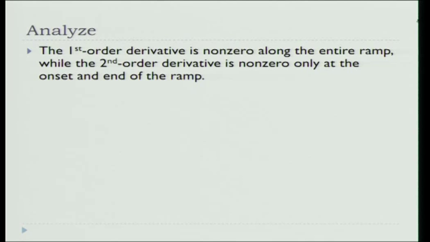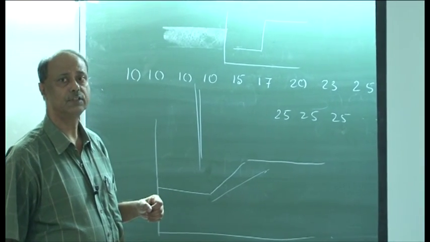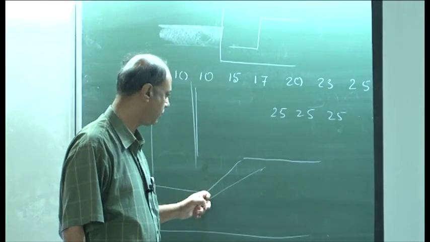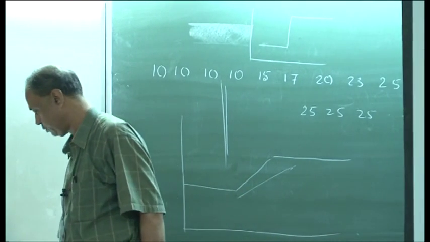Now, if you analyze this one, what we have seen, the first order derivative will give you non-zero values from here to here. But this is not the case with the second order derivative, it will give you the non-zero at this point only. This is the thing we understood.